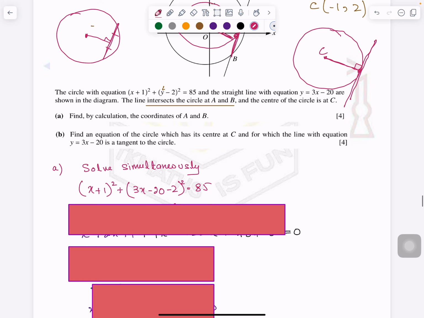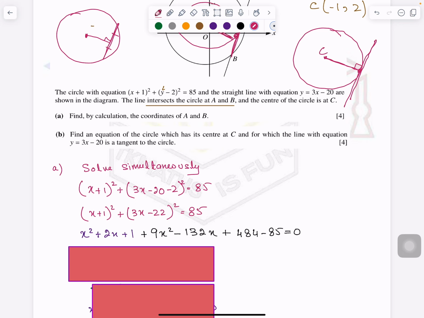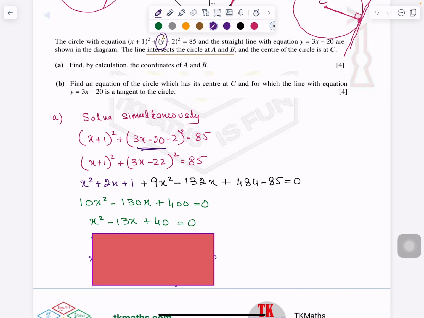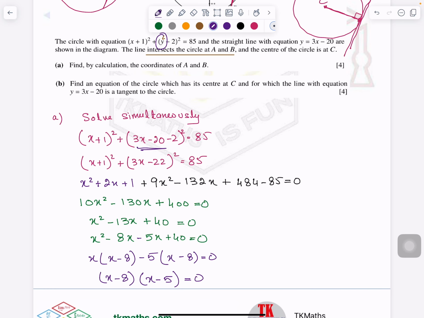So let's see here. First of all, the first part, to find the coordinates of A and B. I'm solving it simultaneously. You can see here, I have substituted the value of y. In the original question, it was y here. Simple equation solving, I'm doing nothing else. So I got the factors, x equals 8 and x equals 5. The question is saying find the coordinates, so A and B mean x and y both.